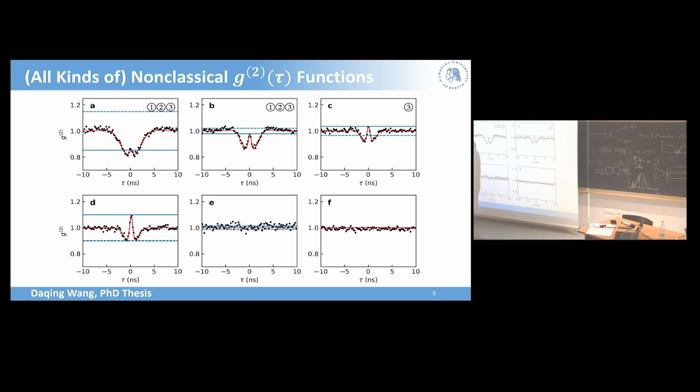And this dashed line is 2 minus G2 of 0.